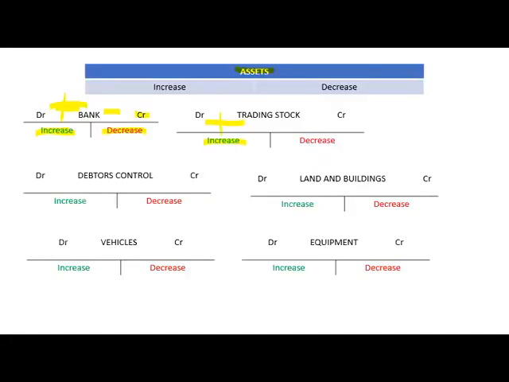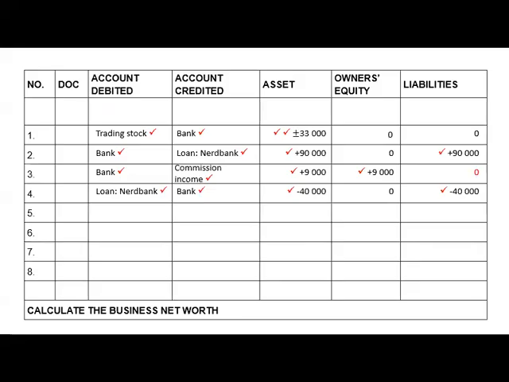So it means that our asset account, which is vehicles, will increase on the debit side. So we are going to debit vehicles. And then credit capital.